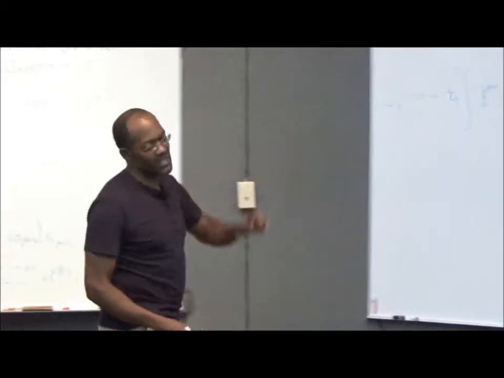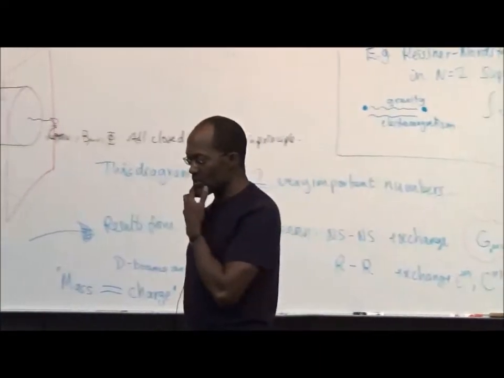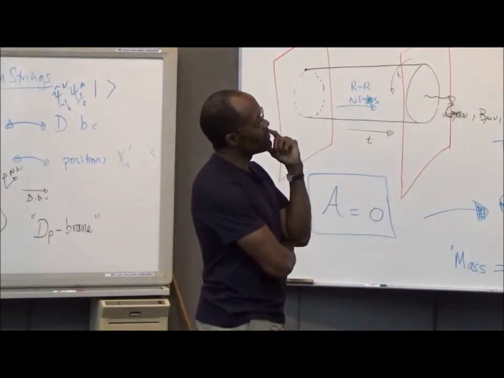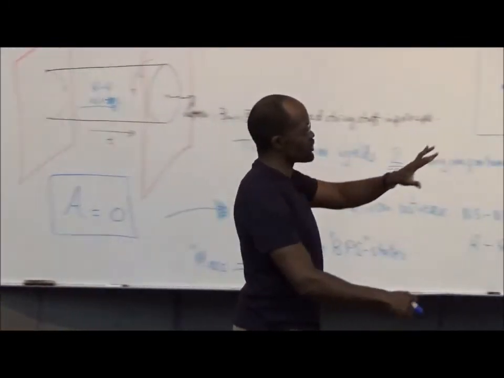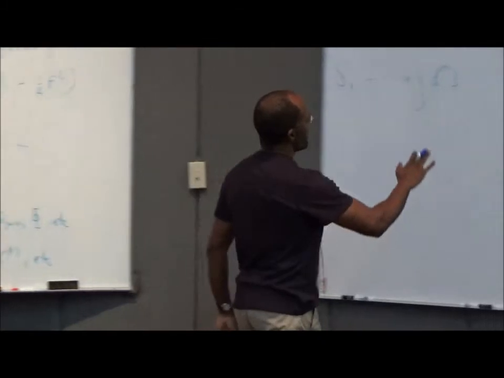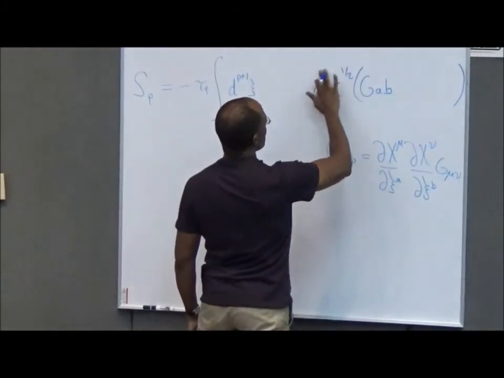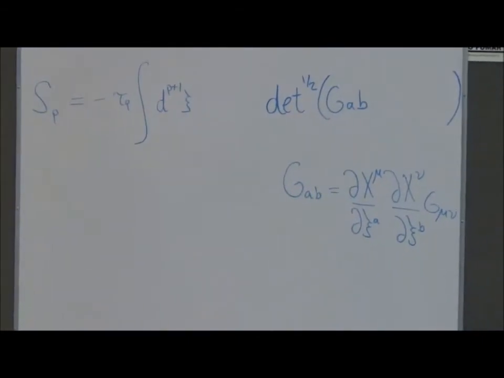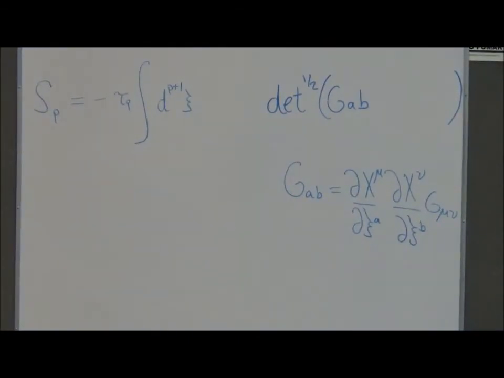So there's one extra ingredient I need from this to complete the intuition that I've been building for you. And that is the fact that I can also make a guess as to how this thing talks to the dilaton, the other massless field that is propagating at the lowest level.